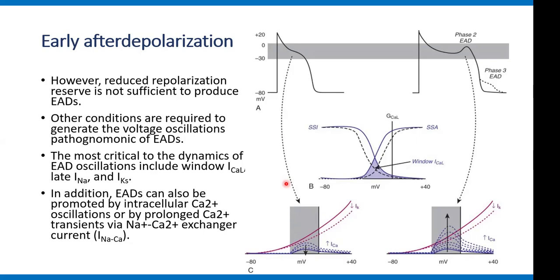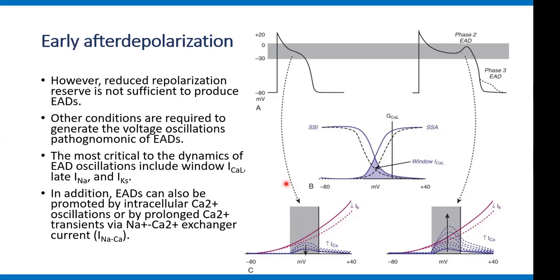So the important thing is the ions that are involved: the calcium, sodium, and potassium channels, okay? If you have a prolonged action potential, at a certain voltage potential these begin to be activated. We mentioned that the sodium channels begin to activate once you are going down the slope.